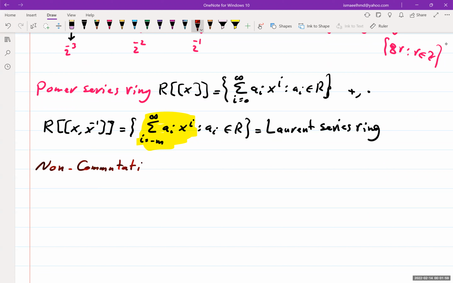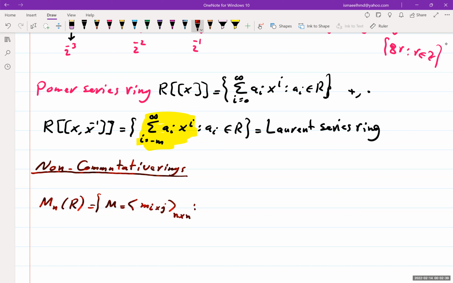For example, M_n of R. Let R be a ring, then M_n of R is the set of all n by n matrices with entries in R. That means m_ij are elements of the ring R.